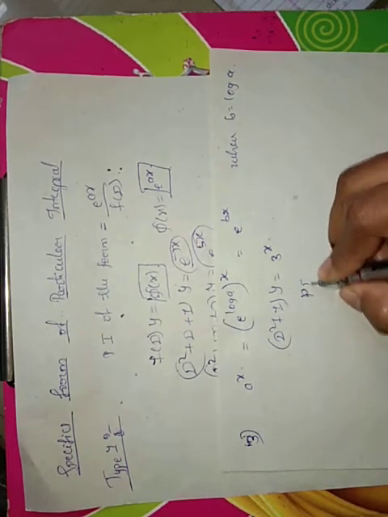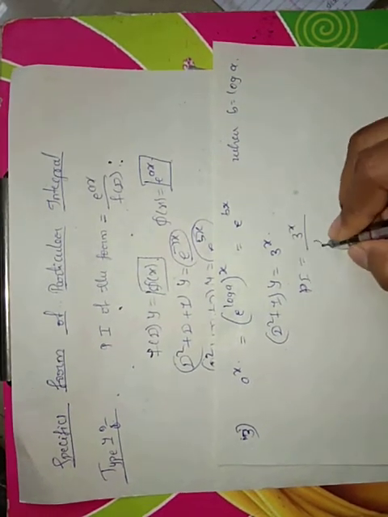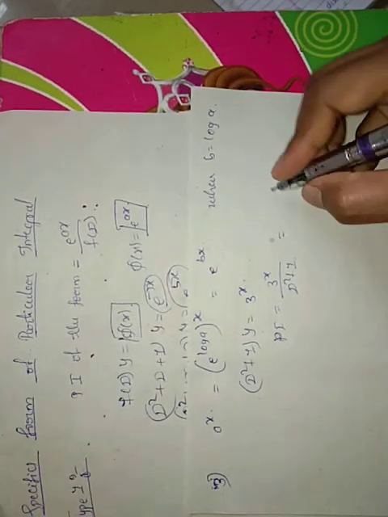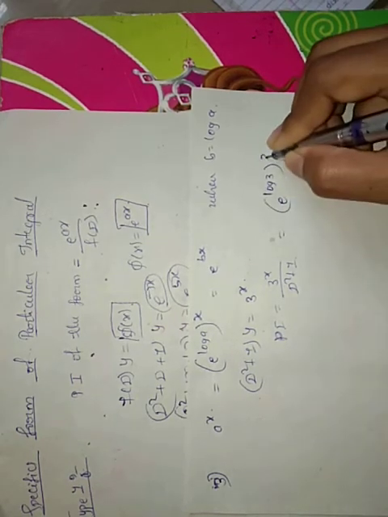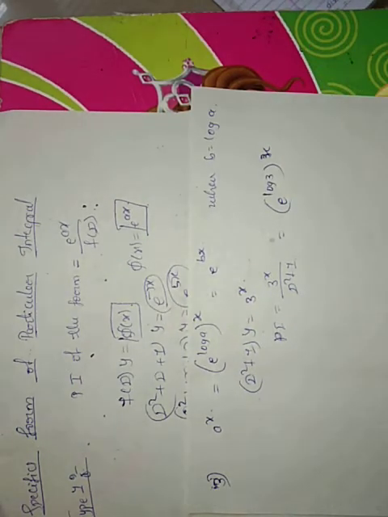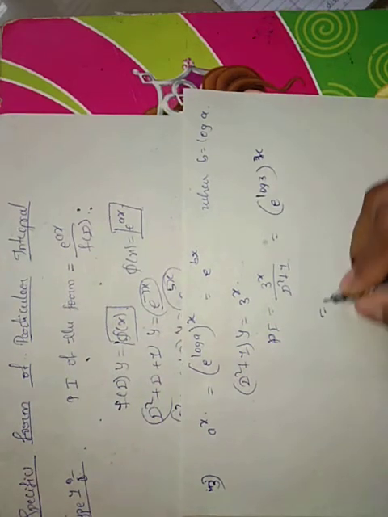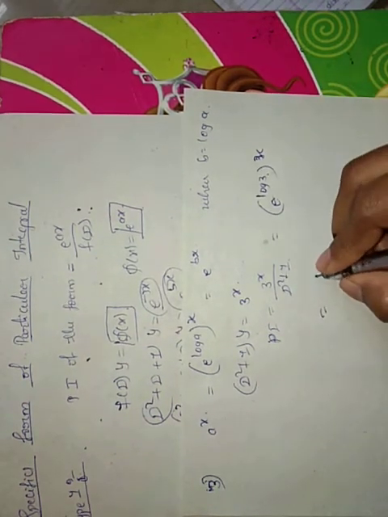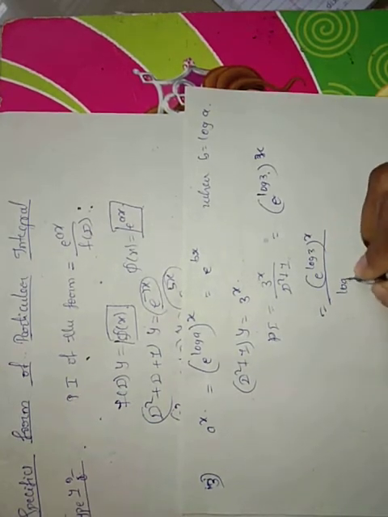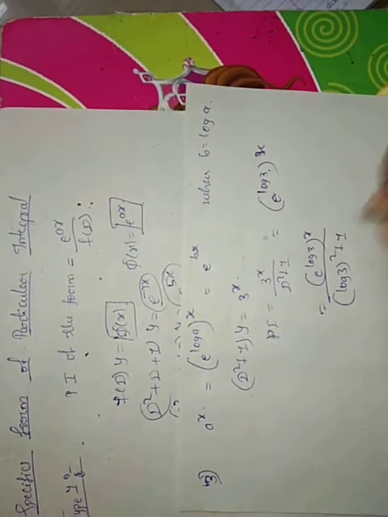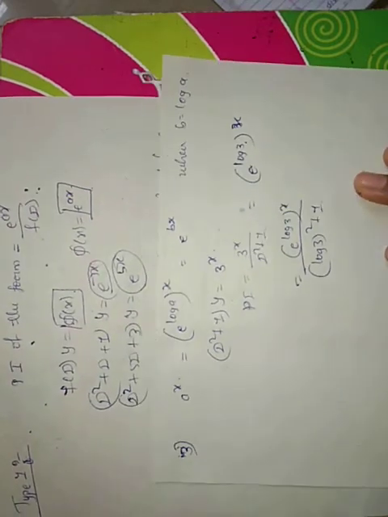Then our particular integral is equal to 3 raised to x divided by d square plus 1. Then we have to write 3 raised to x as e raised to log 3 whole raised to x. Then D is replaced by log 3. E raised to log 3 whole raised to x divided by log 3 whole square plus 1. So that is the procedure when the RHS is in a raised to x form.